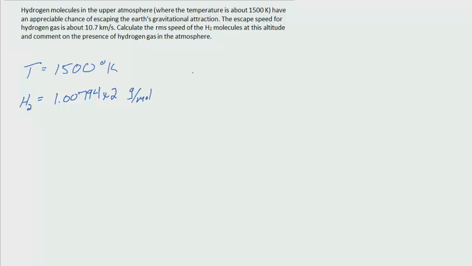We're trying to calculate the speed of a hydrogen molecule, so we'll use our v_RMS equation, which is equal to the square root of 3 k_B T divided by our mass.